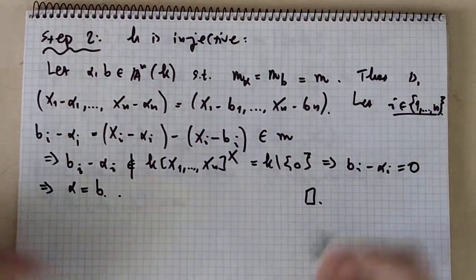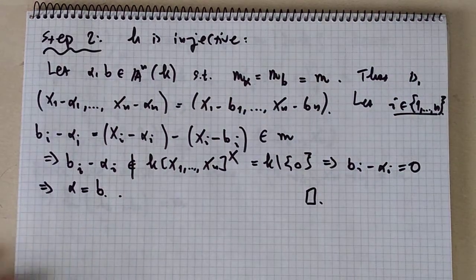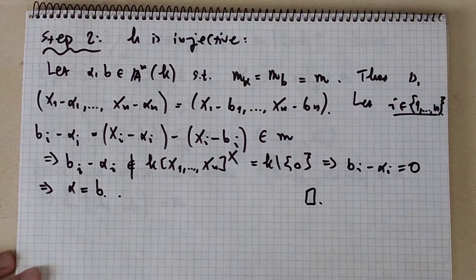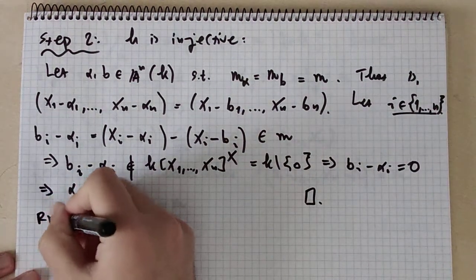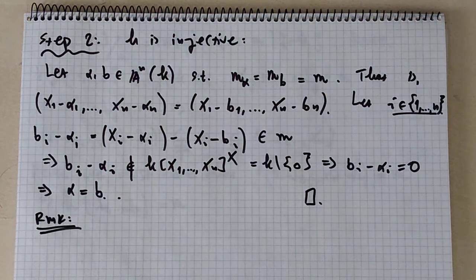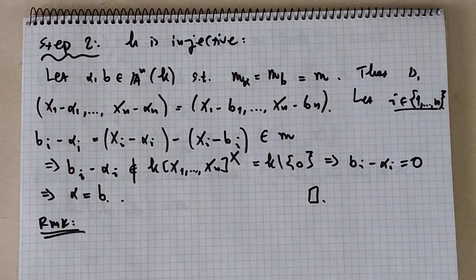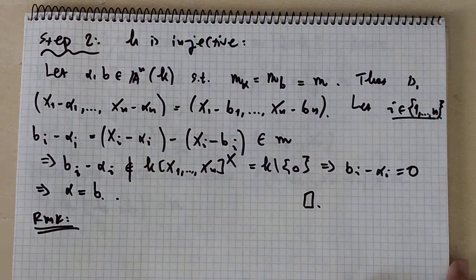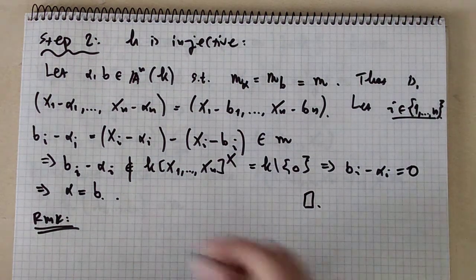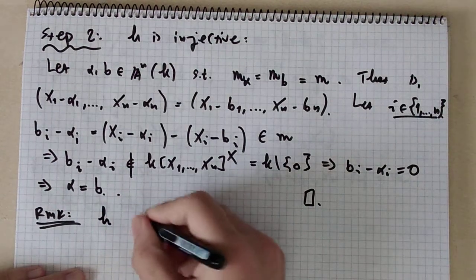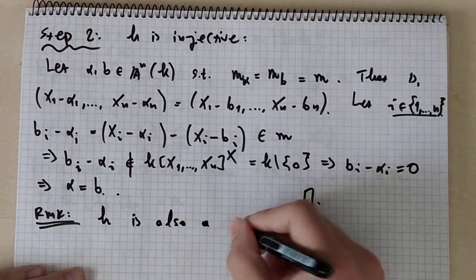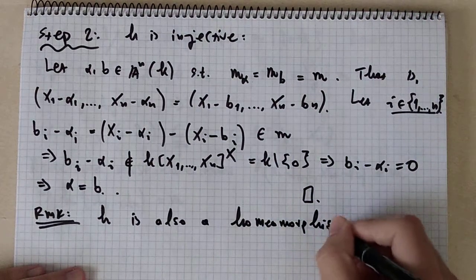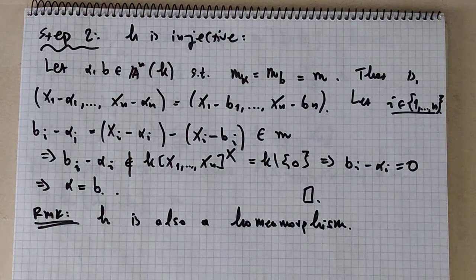So now this finishes the proof of the theorem, and before we stop this video, I would also like to make the following remark. We proved that H is a bijection, but there is one more thing that is true about H, and it turns out that H is also a homeomorphism of topological spaces, right?